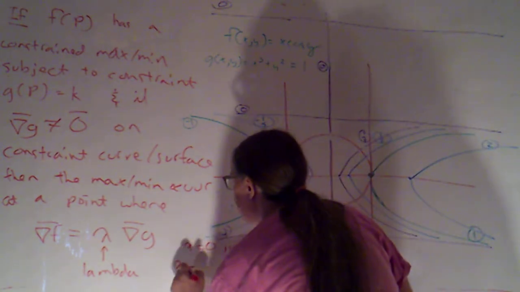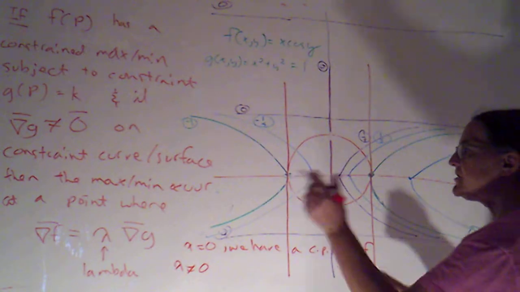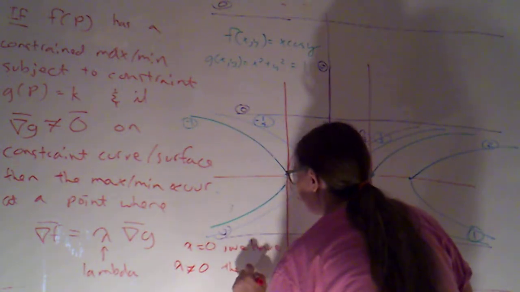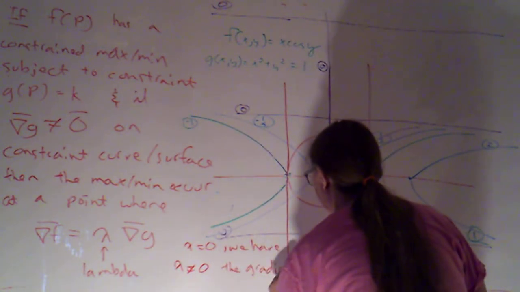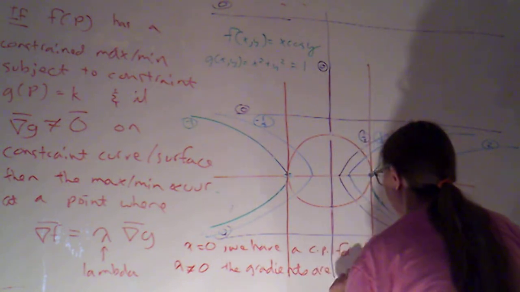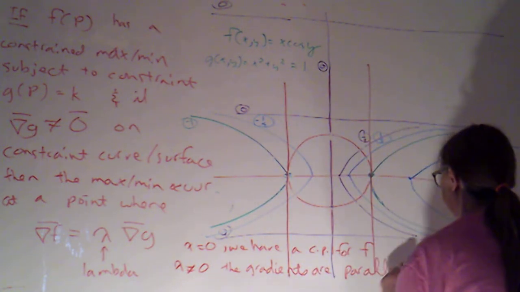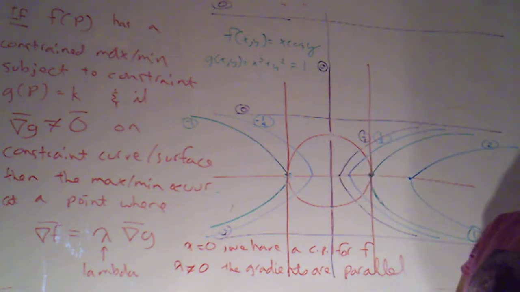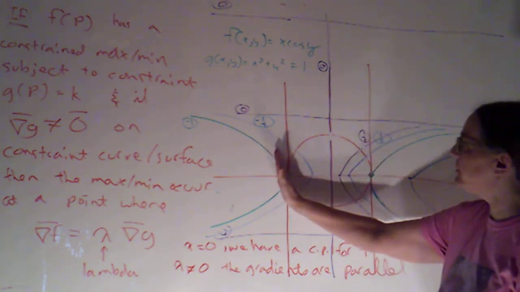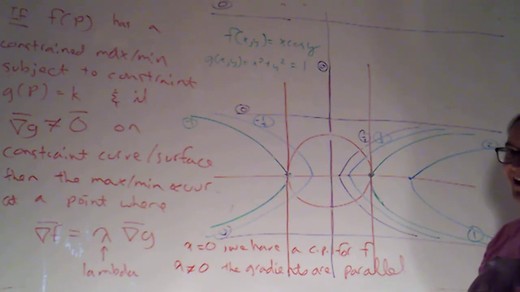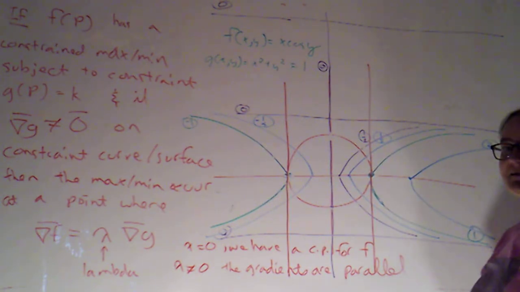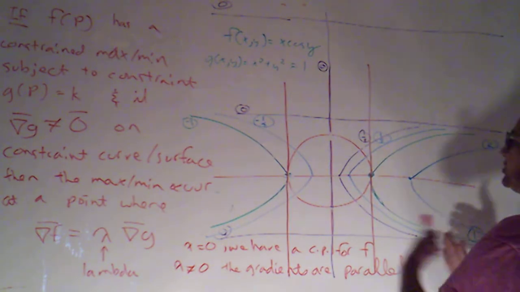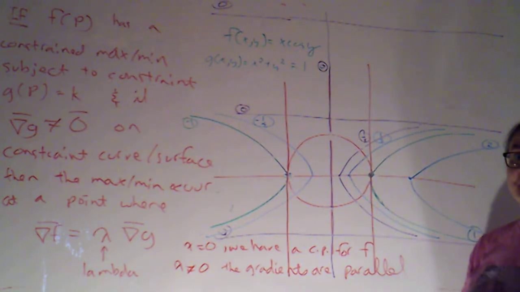If lambda does not equal 0, the 2 gradients are parallel. And that's what we saw in this example, because the level curves shared a common tangent line that forced the gradients, if they're non-zero, to be parallel to each other.